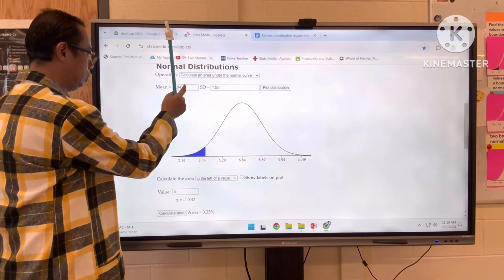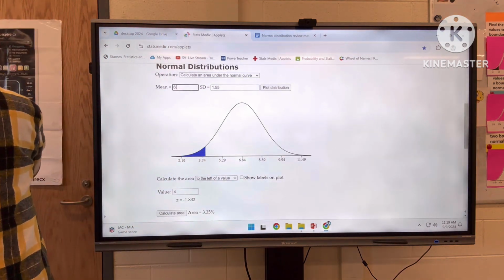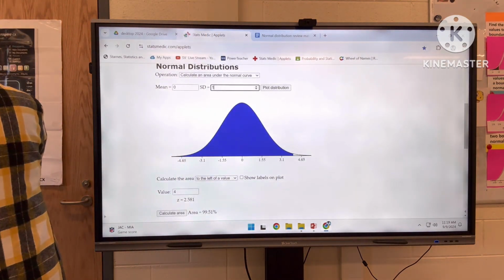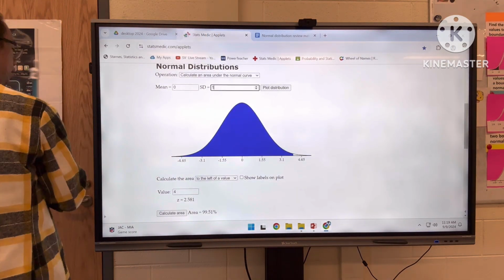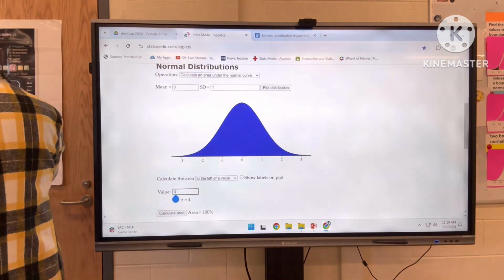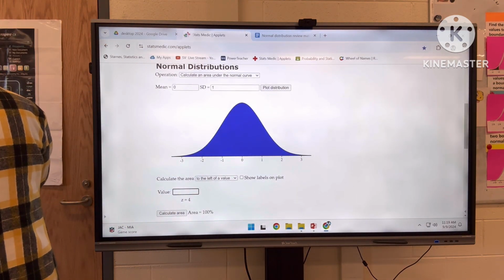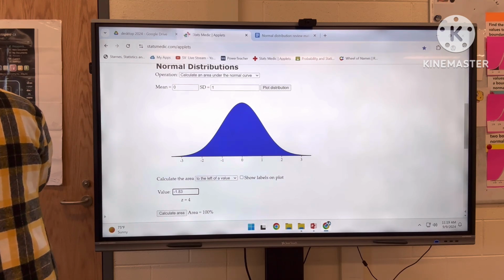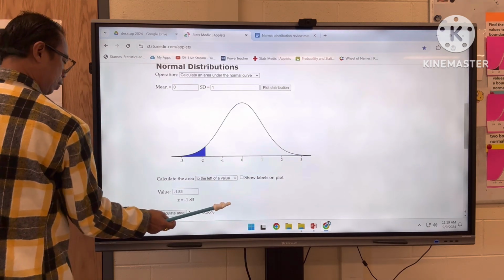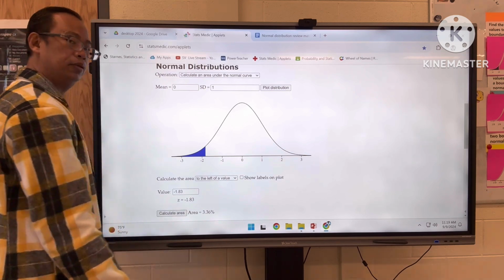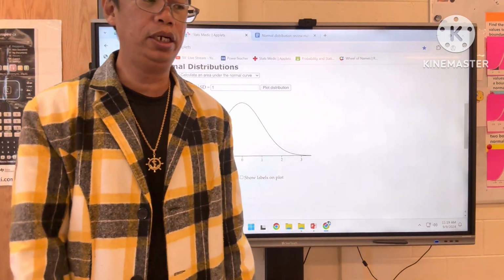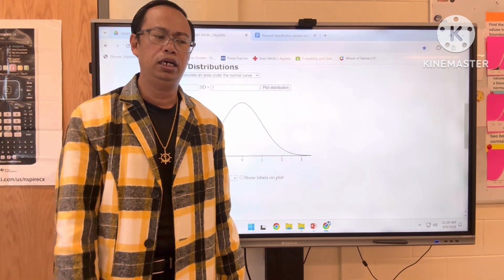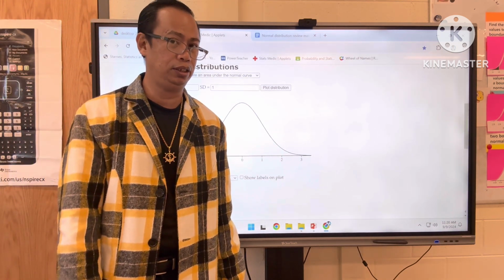Okay, so again, this will be 0 for the mean and 1 for the standard deviation on the standardized, and then this will be negative 1.83, right? It's negative 1.83. Got that? So still the same. The only difference is the presentation of the data. Now the data is raw score, and then the other data is the z-score.